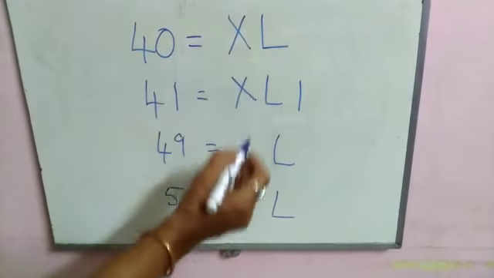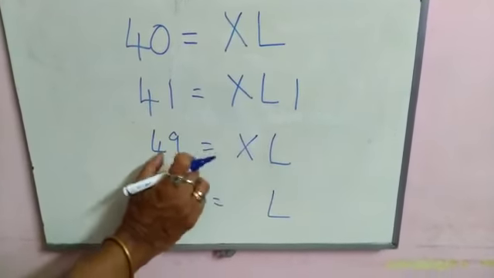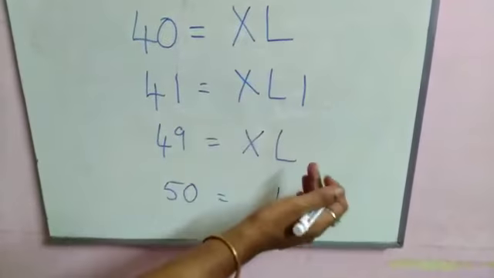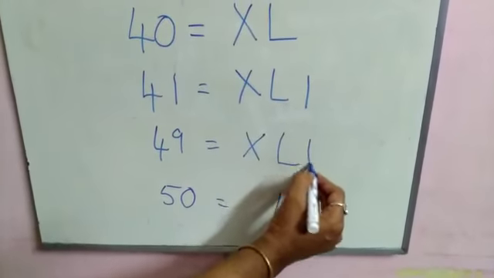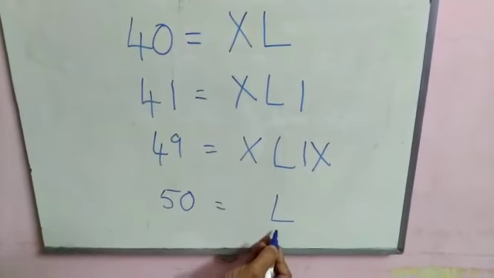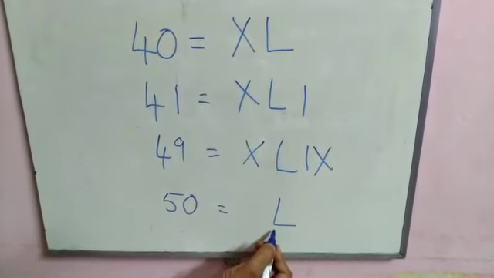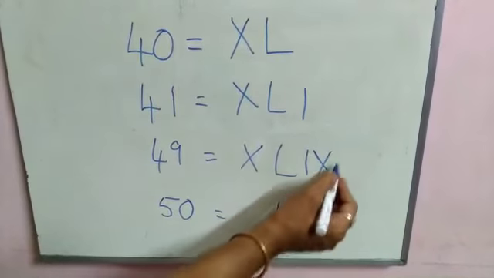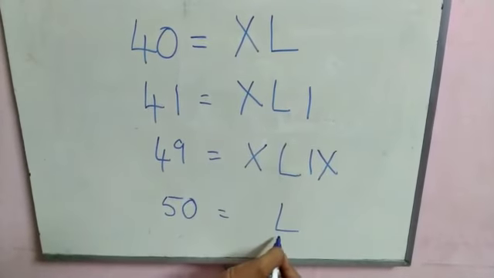I know 40 already. This is 40, all of us know, and 9. What is the symbol for 9? I and X. So this is 49, and this will be 50, and you know how to get 50. The symbol for 50 is already given, L.